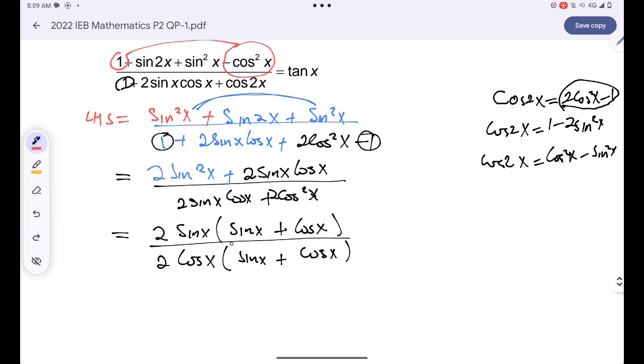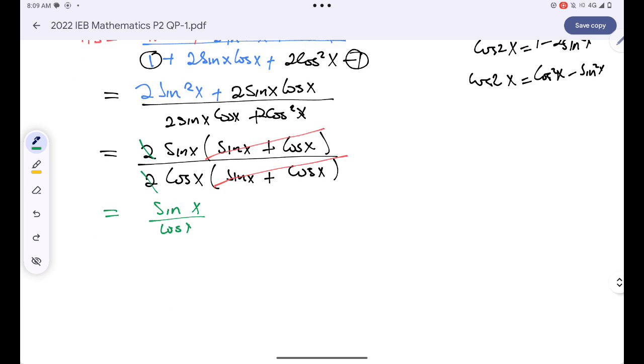And then I know that these brackets will cancel with this one, and the 2's will also cancel one another. I will be left with sine x over cos x, right? And then I know that this will give me tan x. So now I've shown that the left hand side is equal to the right hand side.